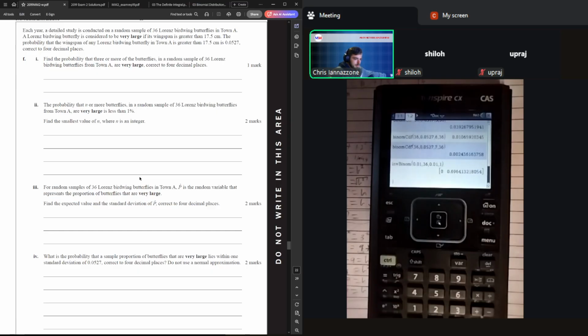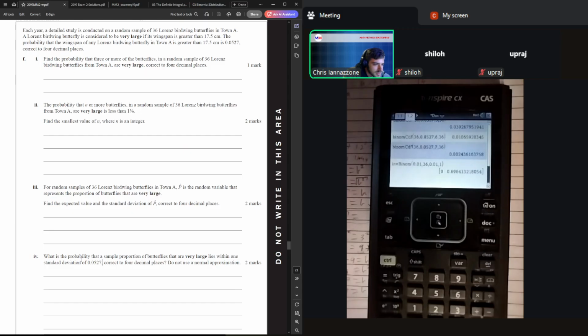IV. Probability of sample proportion. Okay, so probability of being between plus minus 1 standard deviation. Probability of proportion lying in 1 standard deviation of this. So, what is that asking?